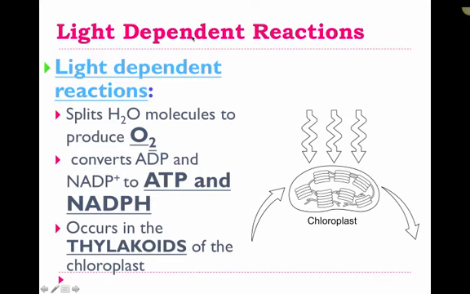So another way of saying it is that the light-dependent reactions occur in the thylakoid of the chloroplast. So if you take a look over here at this diagram, you will see that carbon dioxide and water go into my chloroplast, along with some light energy, specifically from sunlight, and as a result, I get sugar and oxygen.